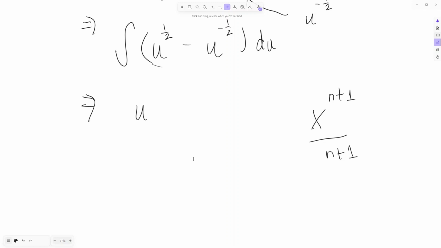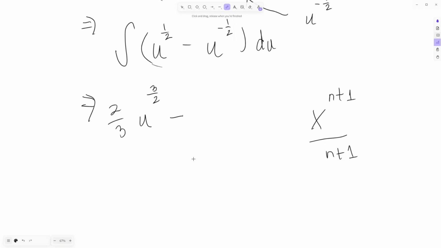Our n is 1/2, plus 1 is 3/2, and this is n plus 1, again 3/2. So we will end up with u to the 3/2 over 3/2, which is also equal to multiplying by 2/3. So this will be 2 over 3 times u to the 3/2.